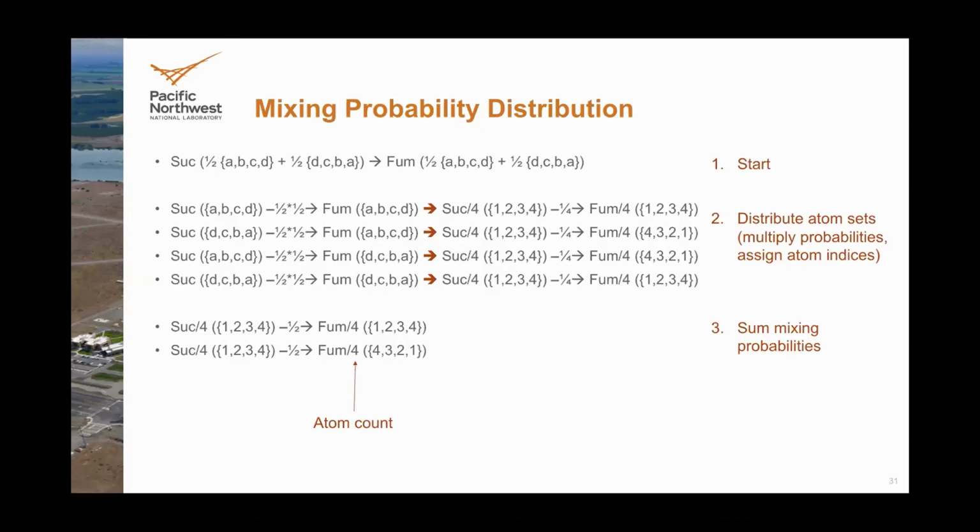And if we take our atom labels, in this case A, B, C, D, and we index them, so we just count 1, 2, 3, 4, and we track them that way, we can see that the first and the last possible combinations are actually identical, and the second and third are also identical. This means that we can sum those mixing probabilities.